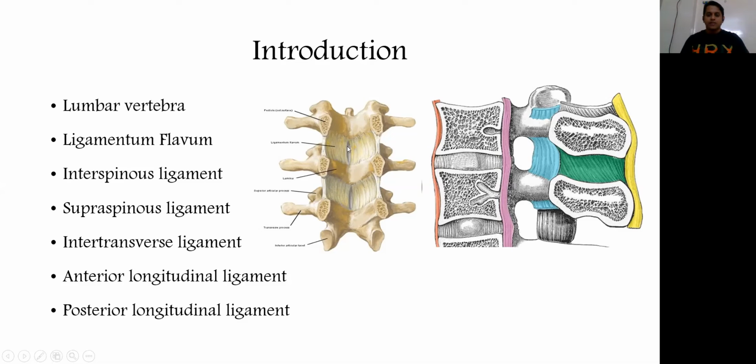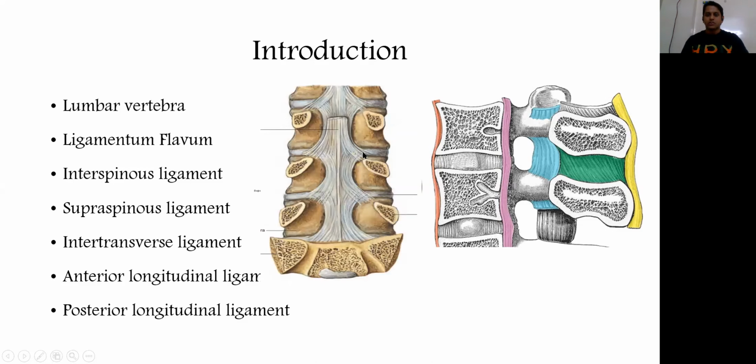This ligamentum flavum joins these two lamina. So it attaches along the inferior margin of the superior lamina on its inner surface and the superior margin of the inferior lamina on its outer surface.